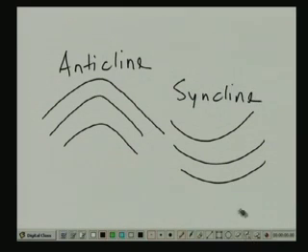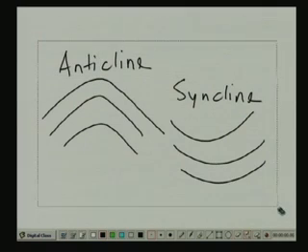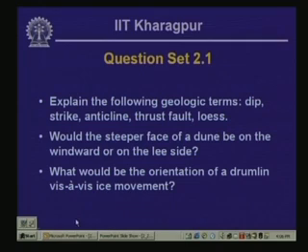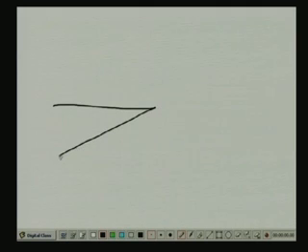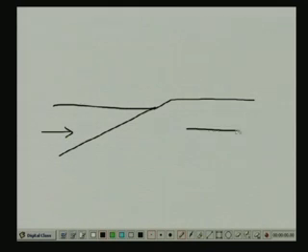All right. Getting back again, thrust fault, what we mean by thrust fault is, say you have got a fault which is essentially a shallow angle fault, and we subject these two blocks to a compressive load like that.